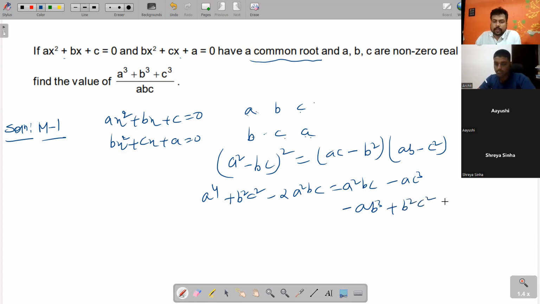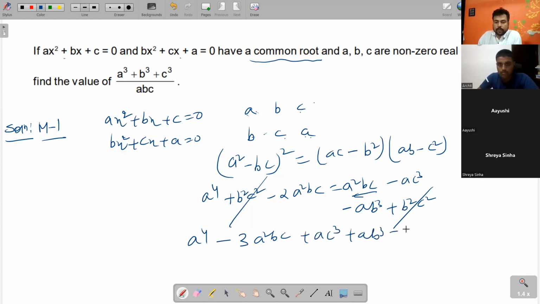Let's try to solve this. See, b square c square is gone, and then a4, bring this to this side. So this is 3 a square bc, plus ac cube, plus ab cube equal to 0.